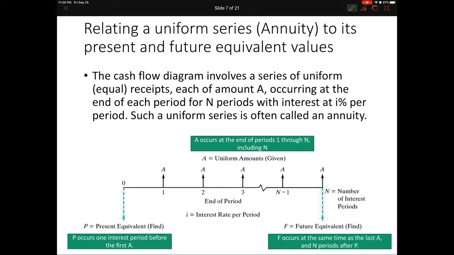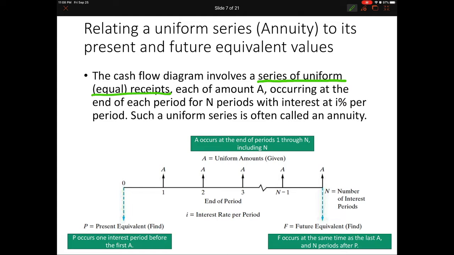Or if you get a paycheck from your employer, you're going to have the same salary amount, and that same monthly salary is an annuity. That's what we call an annuity. So by definition, the cash flow diagram of an annuity involves a series of uniform or equal receipts.